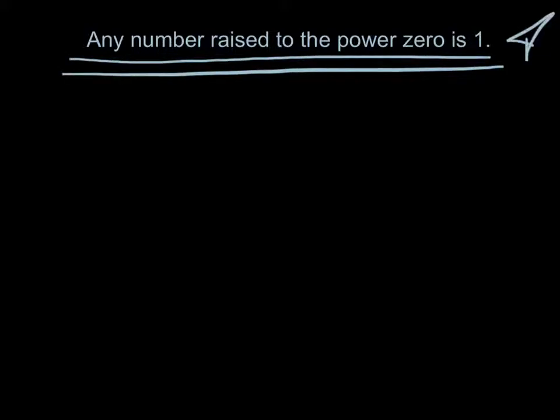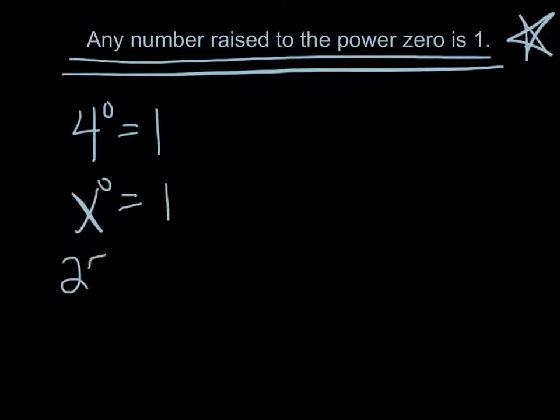Okay, our first major rule. Any number raised to the 0 power is 1. Super important. You need to know that. Any number to the power 0 is 1. So 4 to the 0 equals 1. x to the 0 equals 1. 25 to the 0 equals 1. 16,256 to the 0 equals 1.